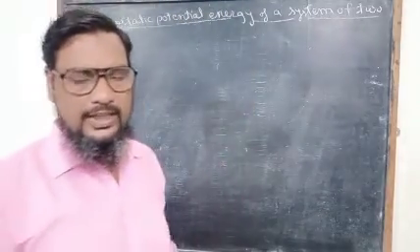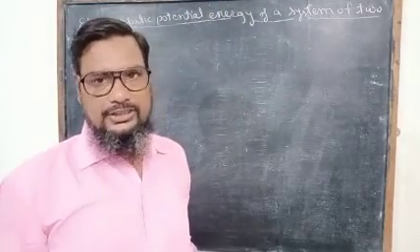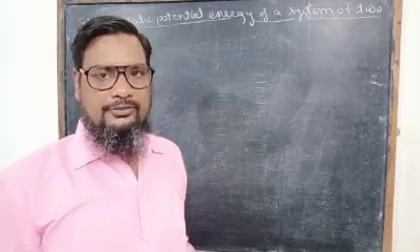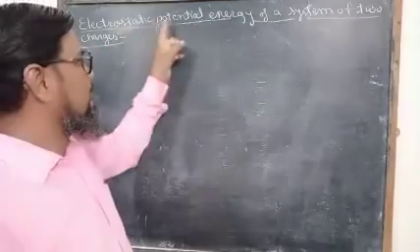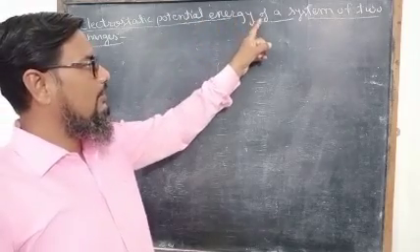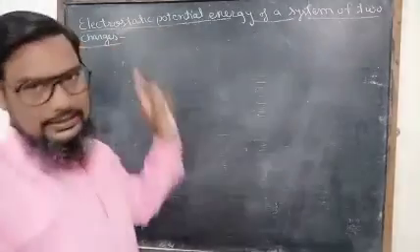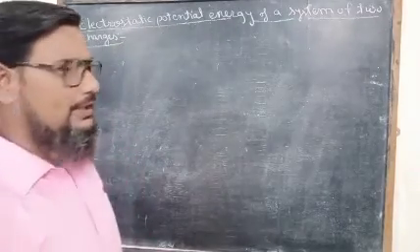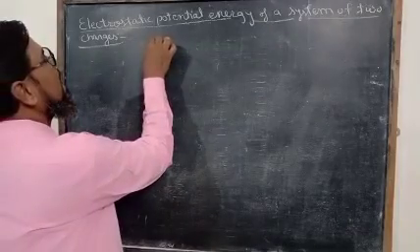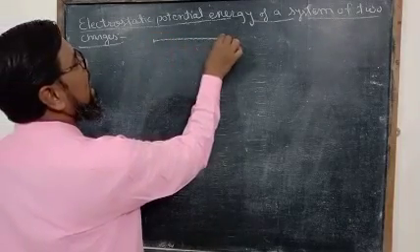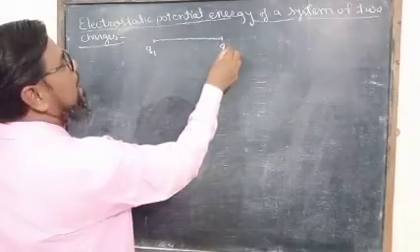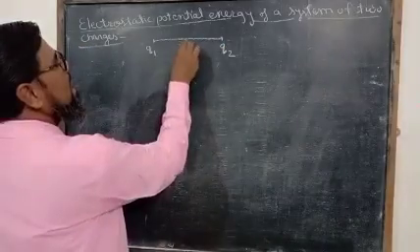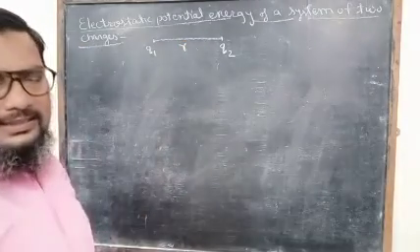Hello, this is my fifth lecture, and today we shall discuss the electrostatic potential energy of a system of two charges. When two charges are separated by a certain distance, consider Q1 and Q2 are the two charges separated by a distance r.